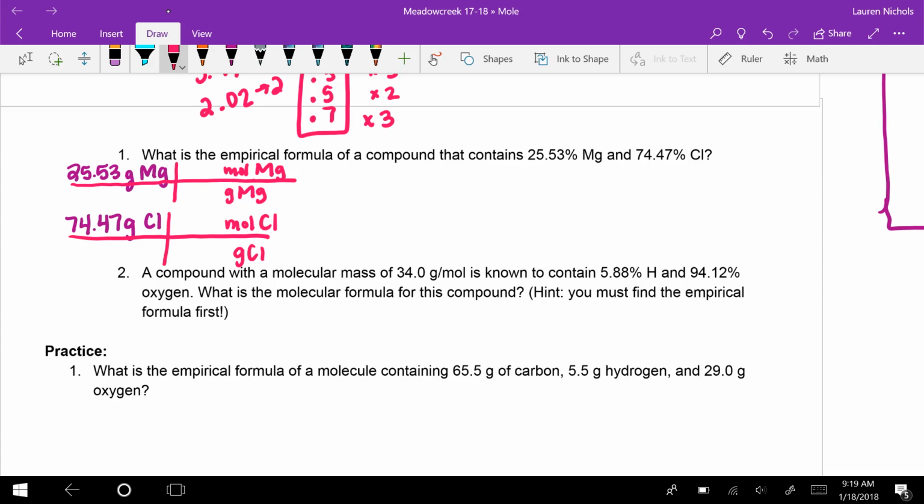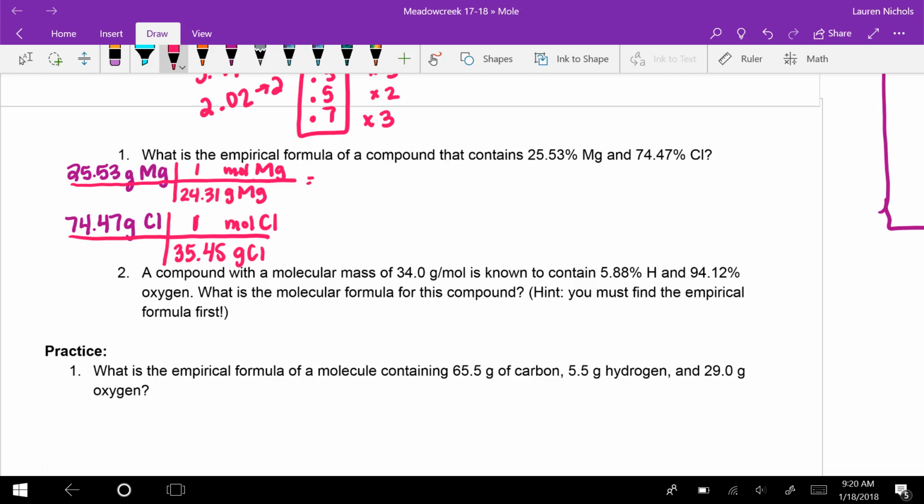If we look at the molar mass on the periodic table, chlorine has a mass of 35.45 grams, and that will be the molar mass, and it's equal to 1 mole. And then magnesium has a molar mass of 24.31 grams for 1 mole.